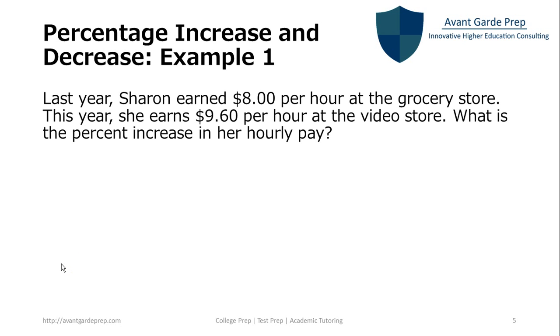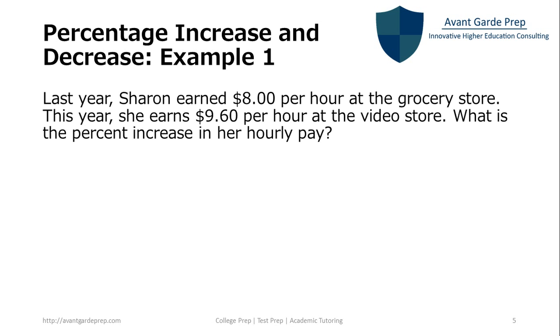Here, we're given an initial hourly pay rate and a second hourly pay rate when she changed jobs. The question asks what the percentage increase was from year to year. So first we have to find what the difference was between the wages between the 2 years.